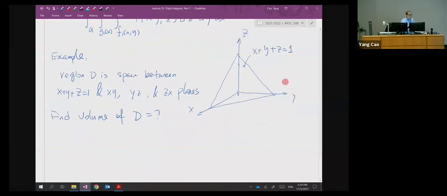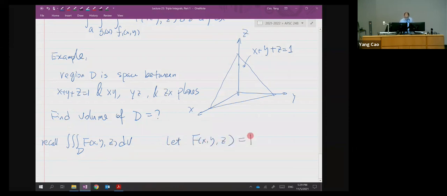But let's try the triple integral. Recall the triple integral formula is this. How am I going to get the formula for volume?